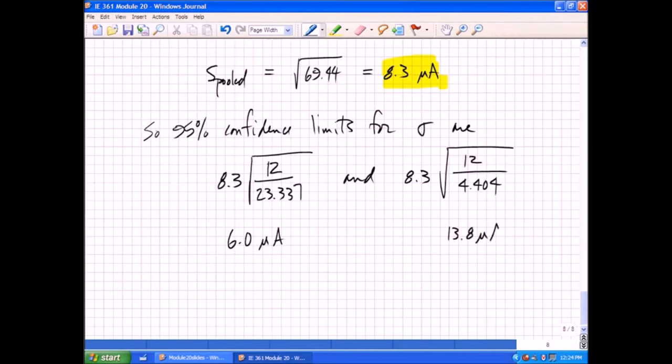The units are microamps. And those are 95% confidence limits for the standard deviation of current requirement for any fixed set of conditions, that is, any fixed tube type. Okay.